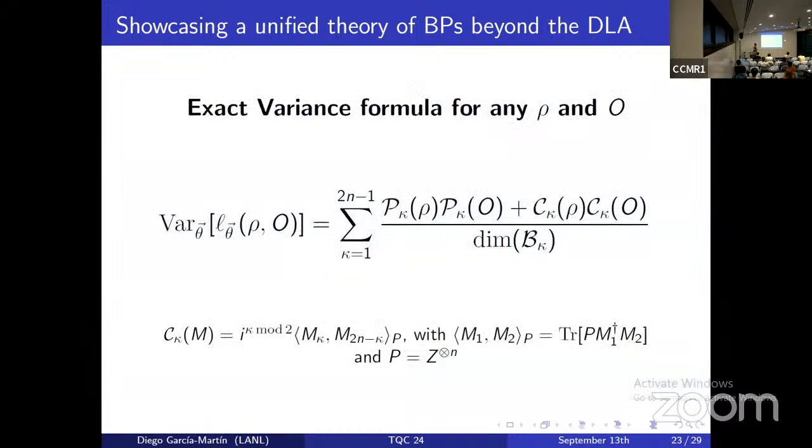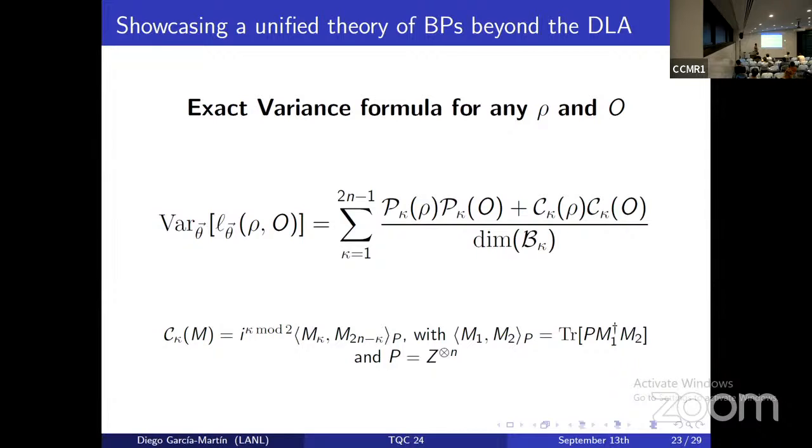So with that, we can now state the main result of our work, which is a closed formula for the variance at the output of the circuit for any input state and any measurement observable, whenever we have a 2-design over matchgates. And the formula is this one here.